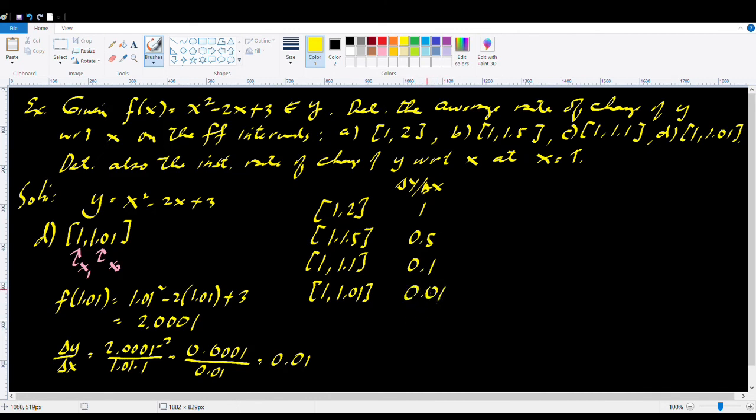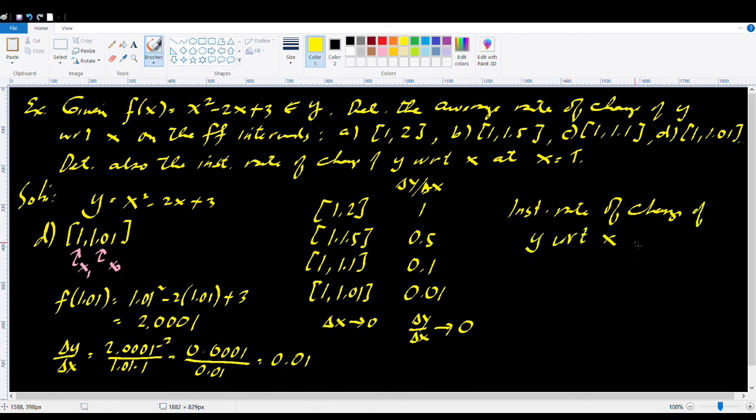So intuitively, as delta x gets smaller and smaller, our delta y over delta x gets smaller and smaller, and the limiting value is 0. So from this alone, we can say that the instantaneous rate of change of y with respect to x at x equal to 1 is 0.